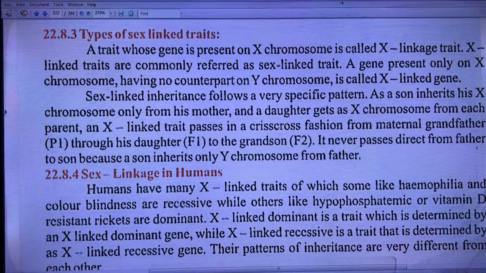Sex-linked gene inheritance follows a very specific pattern, as a son inherits his X chromosome only from his mother, and a daughter gets an X chromosome from each parent. An X-linked trait passes in a crisscross fashion from maternal grandfather P1 through his daughter F1 to the grandson F2. It never passes directly from father to son, because a son inherits only the Y chromosome from his father.